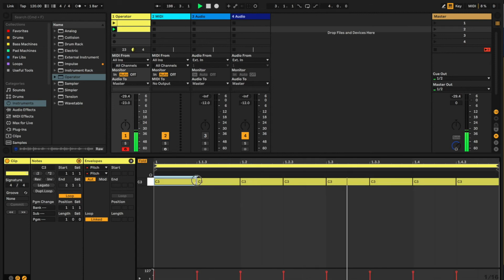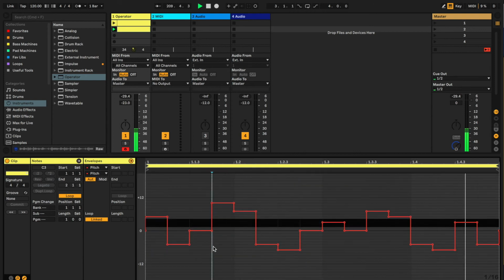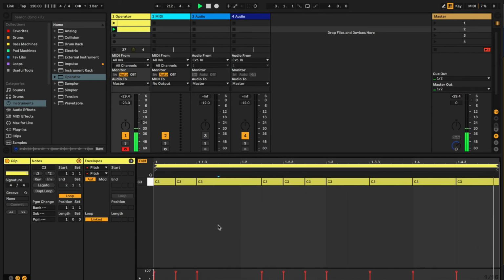Now what you can also do here, which is very interesting, is create some new rhythms, right? What we're doing is transforming this pitch pattern by applying a different rhythmic sequence in the notes.